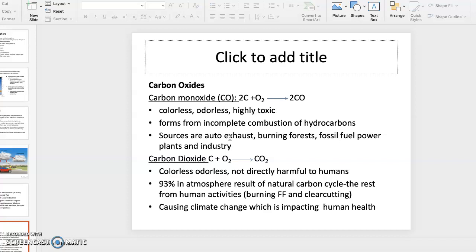Most of it in the atmosphere is a result of the natural carbon cycle. We talked about the carbon cycle way before in the first semester. It's been a little bit, so if you need to refresh your memory on the carbon cycle, make sure you look at that. In high amounts it's also causing climate change, which is impacting our human health.